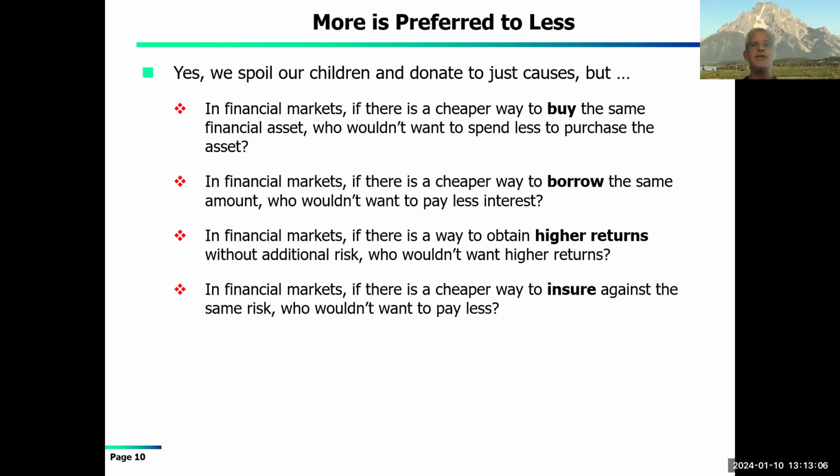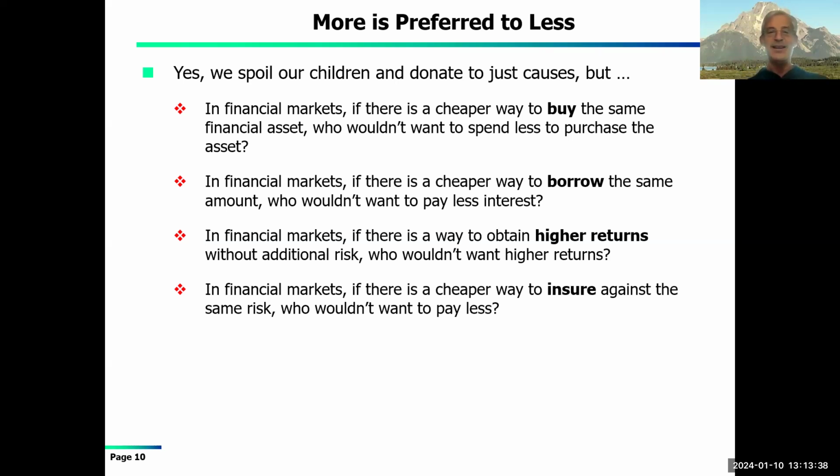Okay, so the first one, yes, we spoil our children and we donate to just causes, but in financial markets, if there is a cheaper way to buy the same financial asset, who wouldn't want to spend less to purchase the same asset? In financial markets, if there is a cheaper way to borrow the same amount of dollars, who wouldn't want to pay less interest?